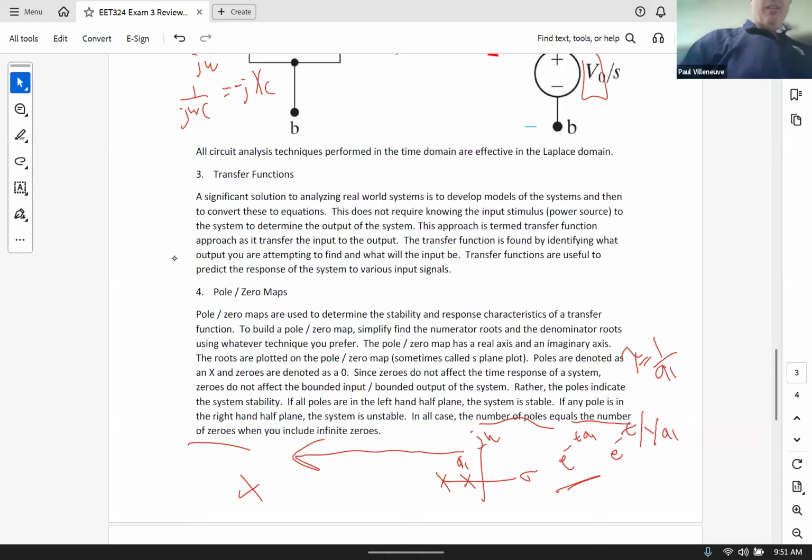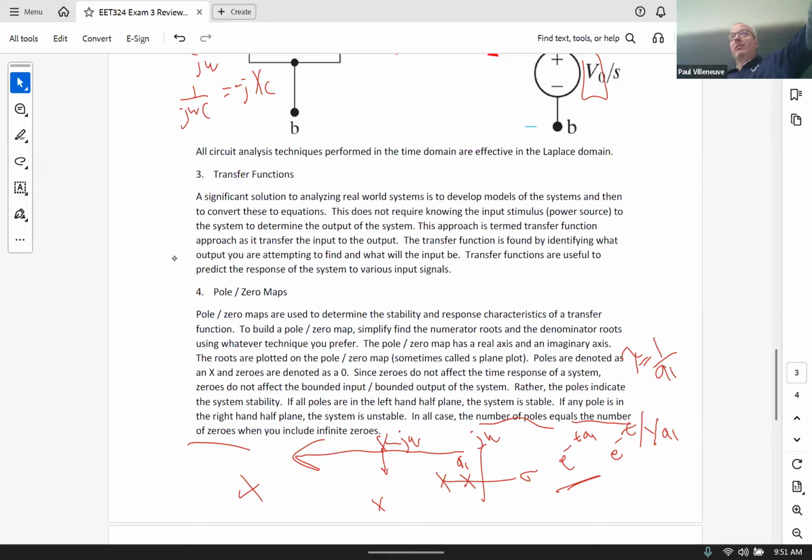We also can look at poles that are not on the x-axis. We know that this is plus and minus j omega, right? Omega is the frequency. So the closer these are to the real axis, the less oscillatory it's going to look, right?